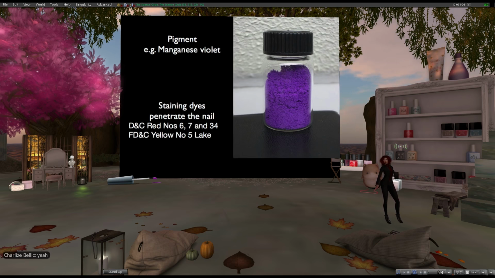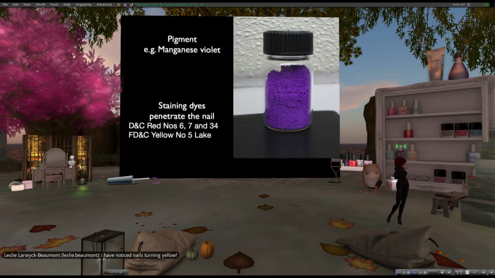Some of the worst offenders, if you look at the ingredient list, are D&C reds numbers 6, 7, and 34, and FD&C yellow number 5 lake. If these are components in a nail polish you're using, you might discover that your nail itself has been dyed for quite a long time afterwards. So you better be careful. We're going to talk later about using a base coat. Putting down a clear, transparent base coat can protect your nail from staining.